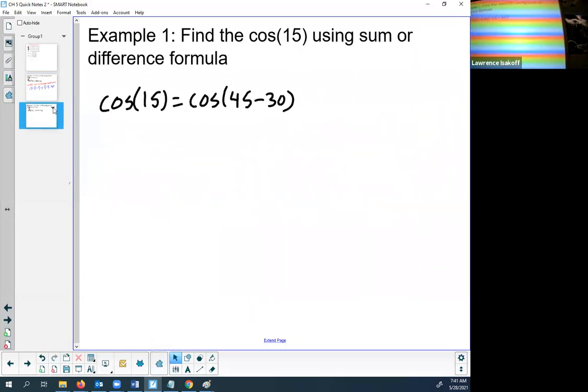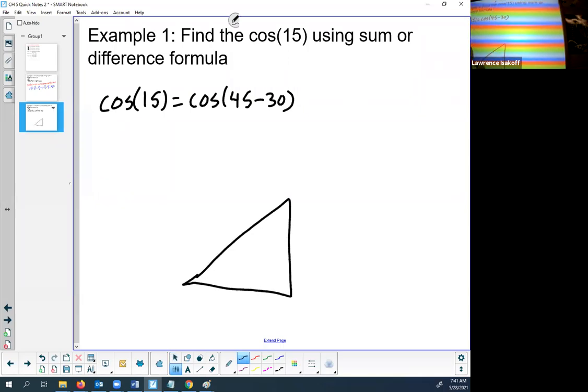Let's look at a difference one. Now we're going to look at the cosine of 15 degrees. One thing I'm going to say here before we get into this, I am already predicting I get the same answer as the last time, because if I draw a right triangle here, if I was at 75 degrees, I was doing sine, that was opposite over hypotenuse.